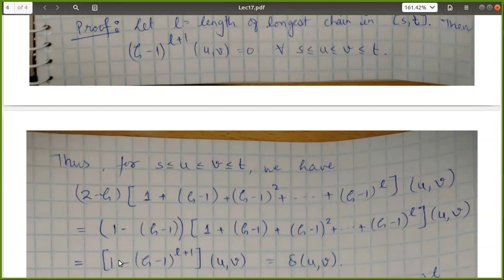So this turns out to be 1 minus zeta minus 1 raised to L plus 1 applied on uv. However, zeta minus 1 raised to L plus 1 applied on uv turns out to be 0 for every uv which are in the range of st. Correct? So this is just delta of uv, right? Yes. Delta is the identity operator. Correct? Yes. So this becomes the inverse of 2 minus zeta.